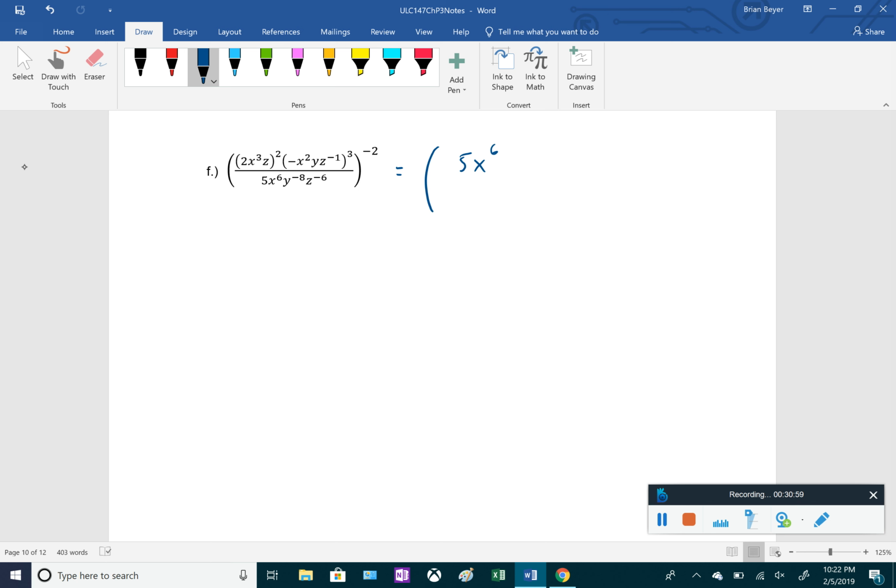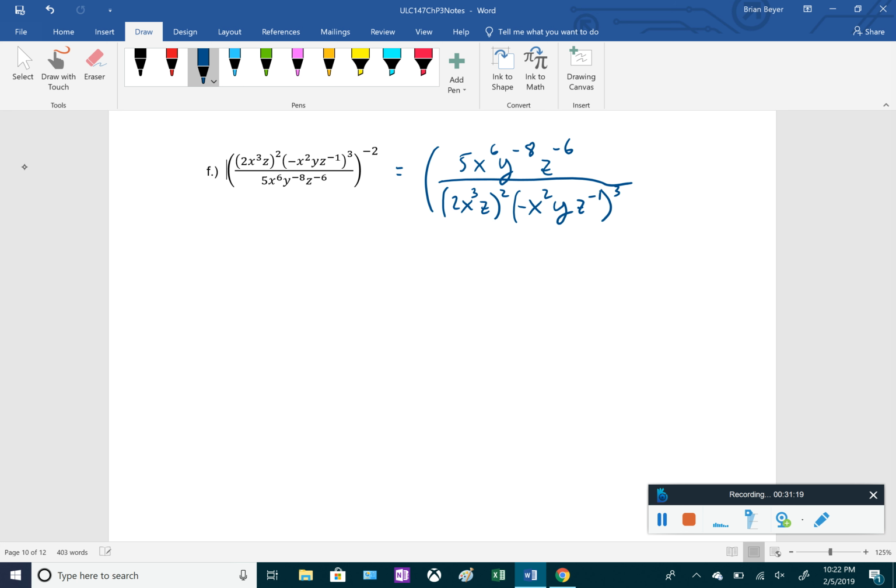So that big denominator becomes the numerator. And then the numerator becomes the new denominator.